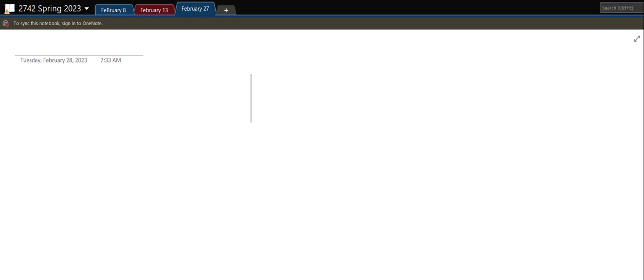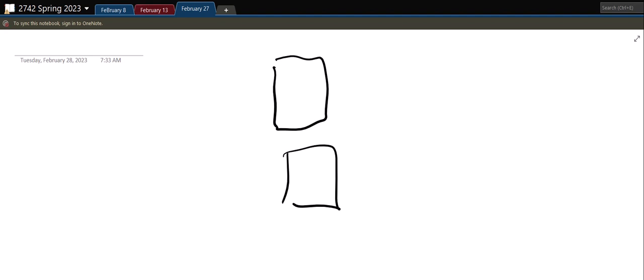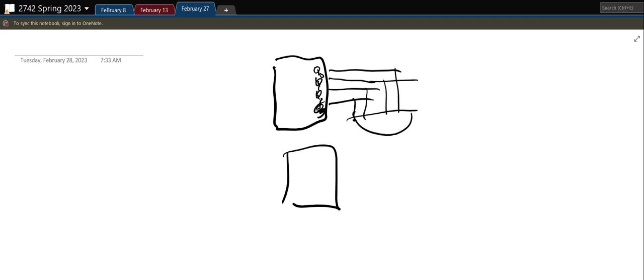So I've got my first counter and my second counter, and Q0, Q1, Q2, Q3. And these are ANDed together to go into the enable of the second one.